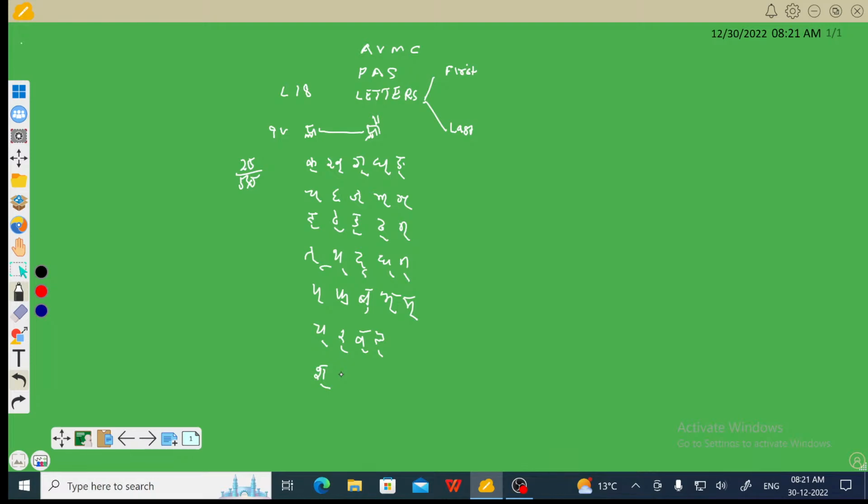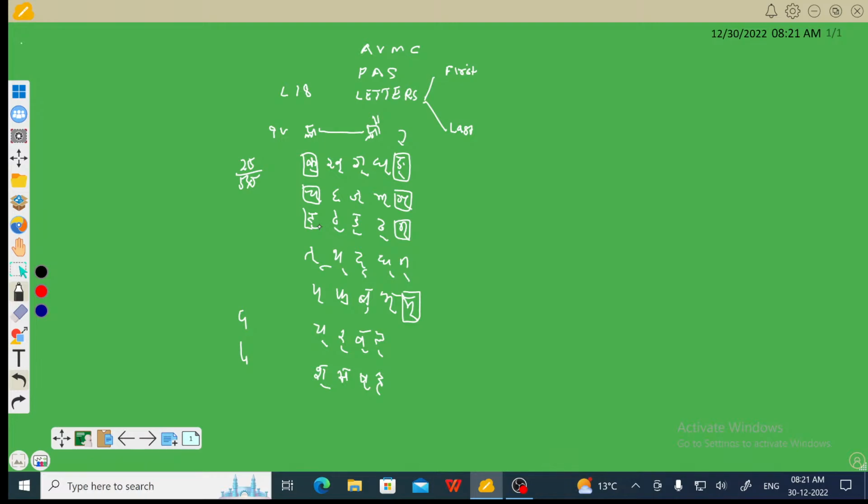Of these 42, we know that these 4 Anubandhas are of the 5th row. Then these 3 are the first column Anubandhas.